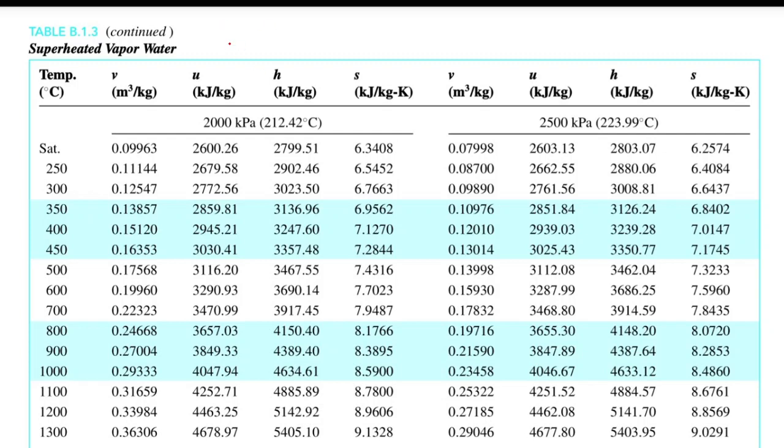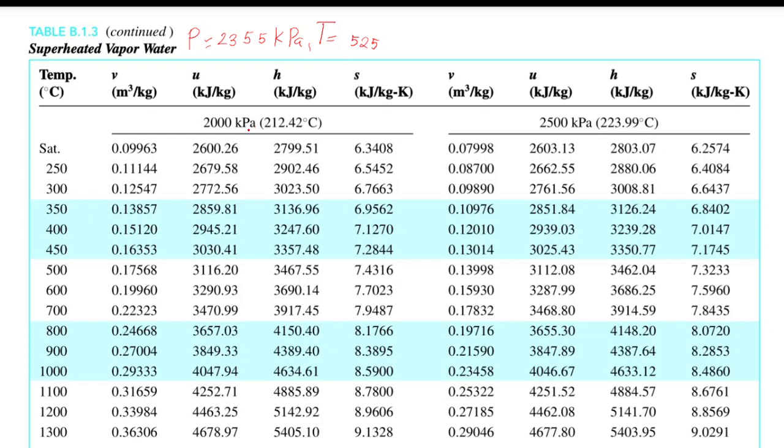Now suppose you are tasked to find the values of specific volume, internal energy, enthalpy, and specific entropy at a pressure of 2355 kilopascal and at a temperature of 525 degrees Celsius.